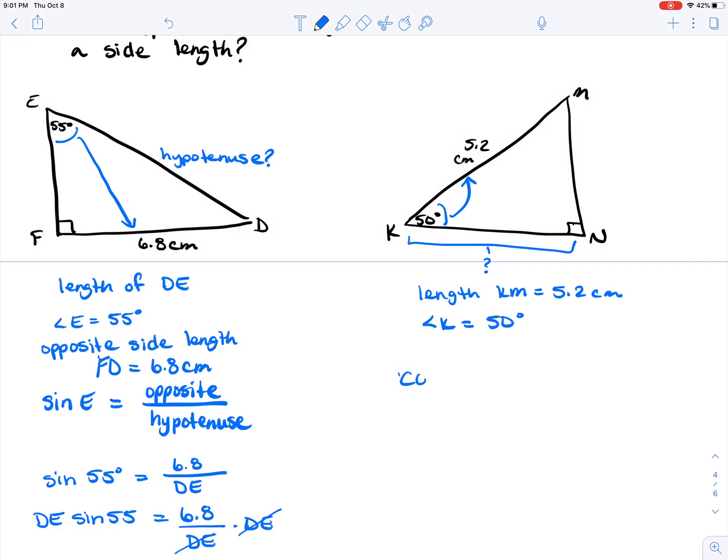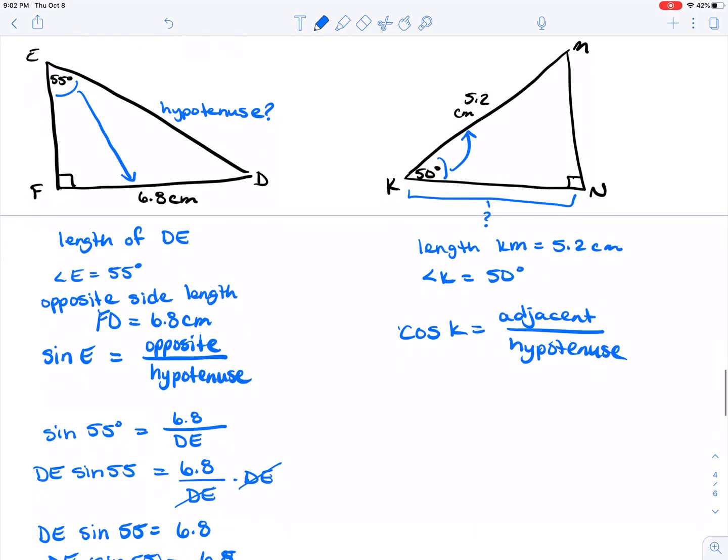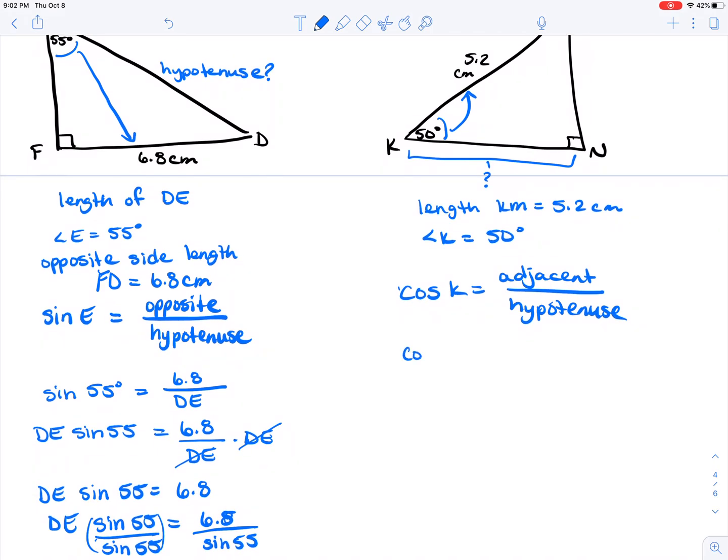I also know that the cosine of K equals adjacent divided by hypotenuse. So cos of 50 degrees equals adjacent, which I know is KN, because that's the unknown, but my hypotenuse I do know, which is 5.2 centimeters.